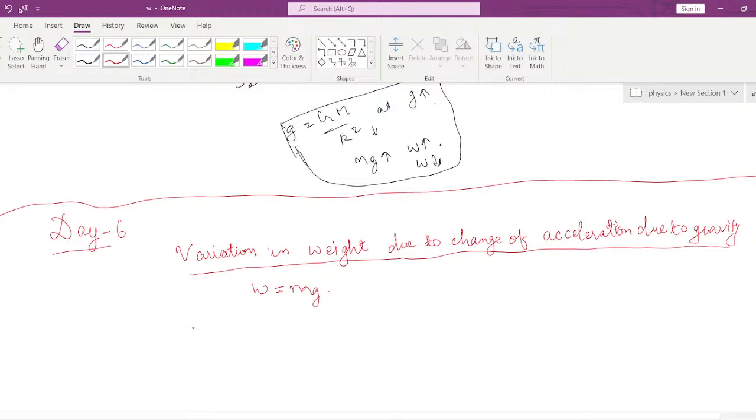Weight is mg, mass into acceleration due to gravity. So what is acceleration due to gravity? It is the rate at which Earth attracts the object, or pulls it towards its center.